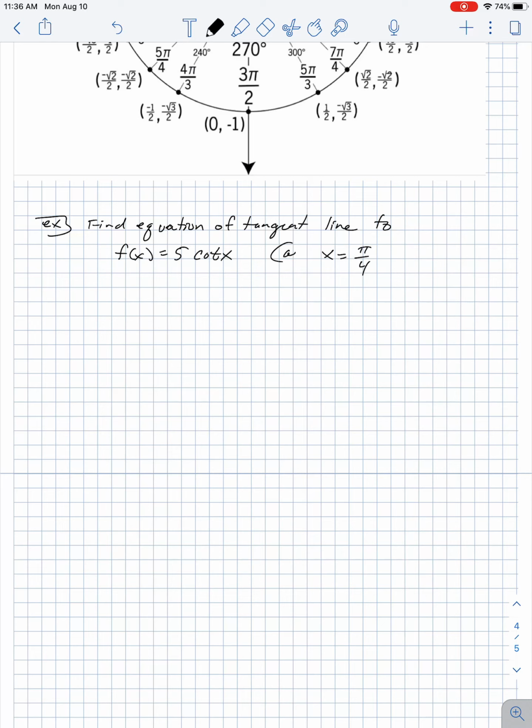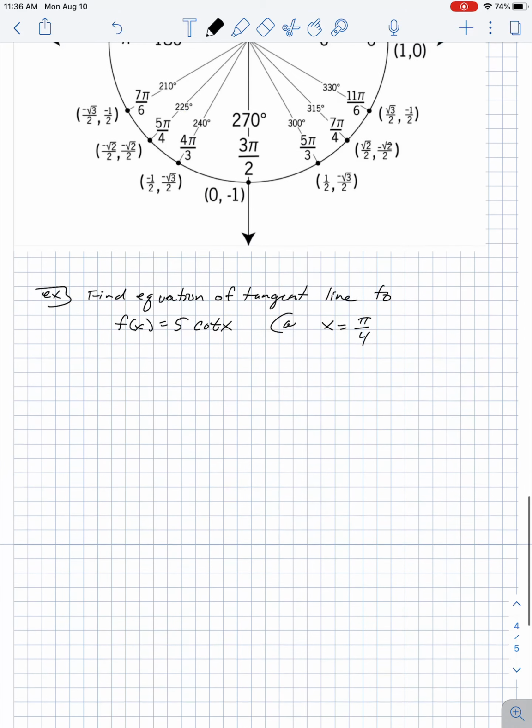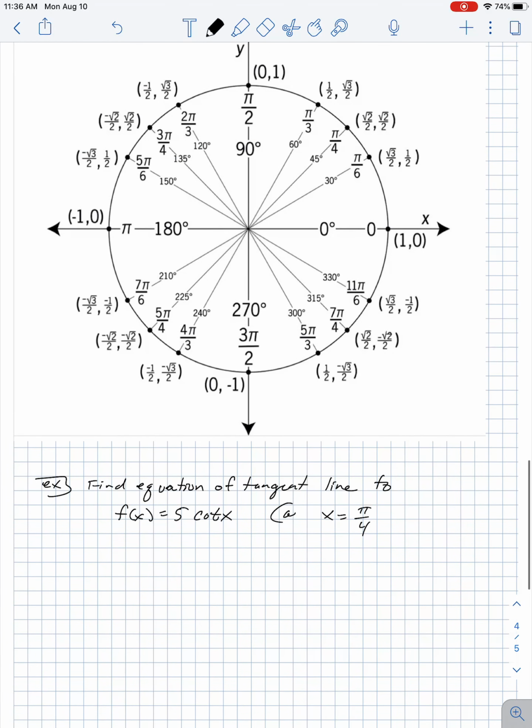Please no decimals in this class unless you absolutely must. So when I give you an angle pi over 4, I am expecting that that rings bells to the unit circle, and you are going to give me exact answers.